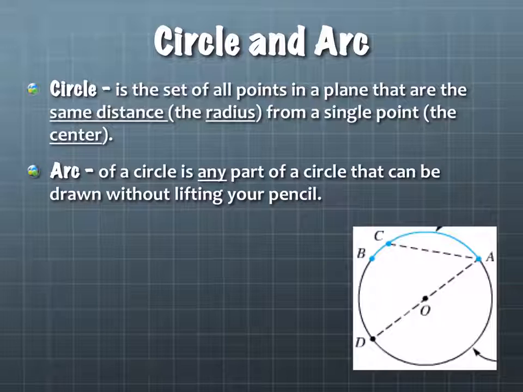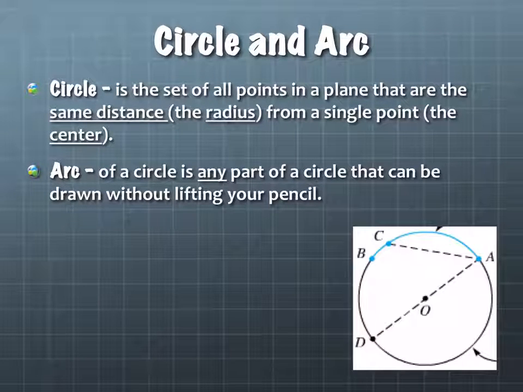All right, circle. We've referenced this once before already, but a circle, by definition, is the set of all points in a plane that are the same distance, known as the radius, from a single point, the center. So in this picture, O is the center, and there are infinitely many radii.